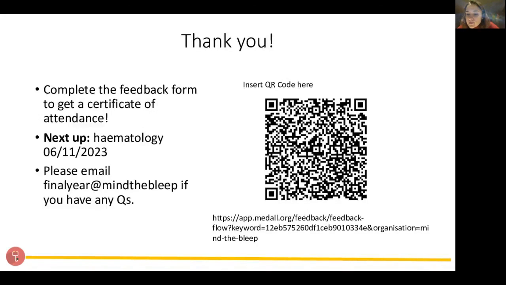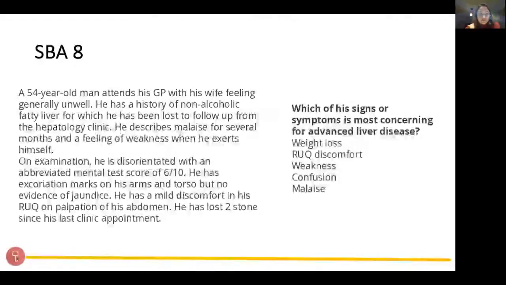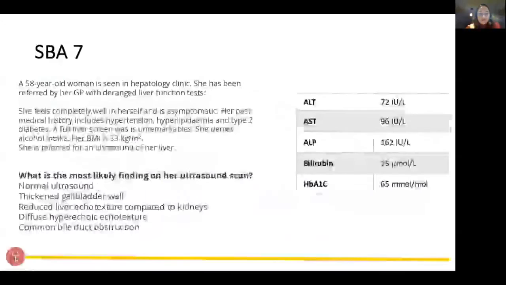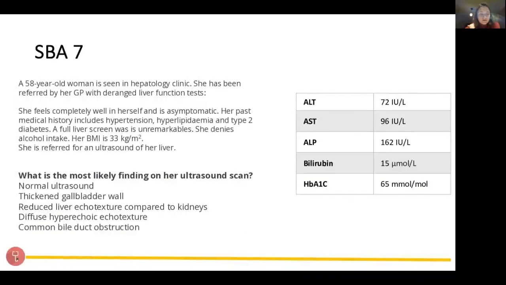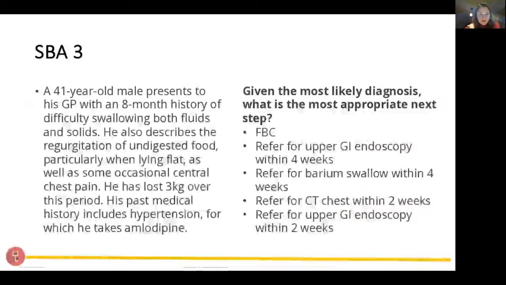So it's a good question. What you would do is initially treat it conservatively. If you suspect peptic ulcer disease without any of the alarm symptoms, you would first treat it conservatively with a trial of PPI treatment. Let me find the appropriate slide to go back to.